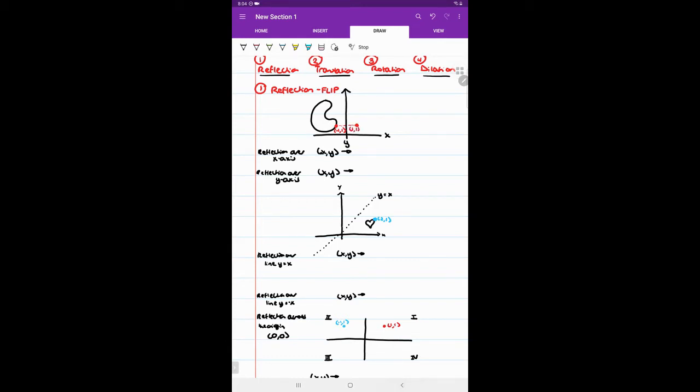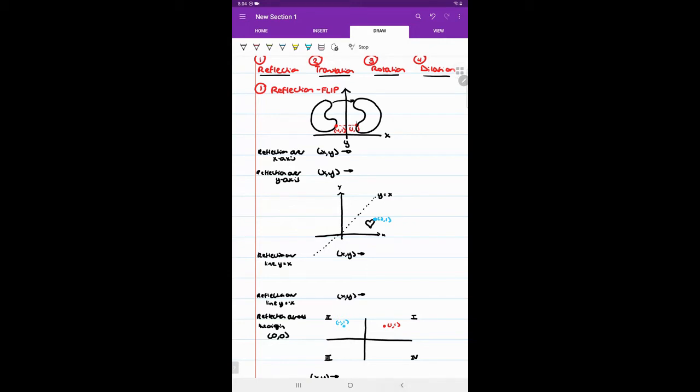So basically if I do that with every point in the little bean shape figure, I'm going to get an image that kind of looks like this. Not perfect because I'm free drawing, but basically it's a mirror image over the y-axis. If I was drawing this on a piece of paper and I folded the paper in half vertically along the y-axis and traced this over to the other side, I would get this. And that's a reflection over the y-axis.